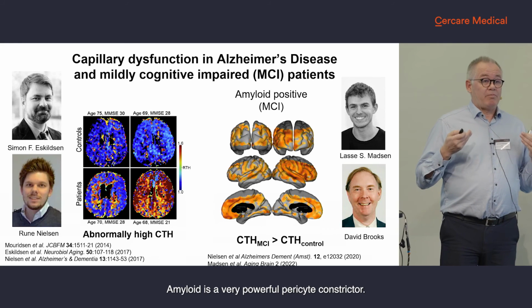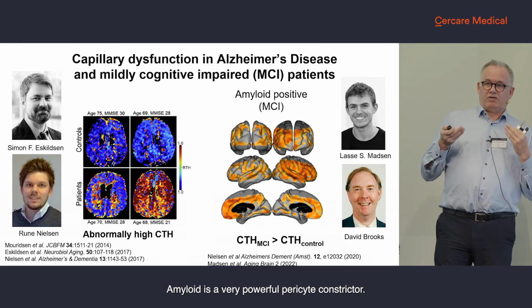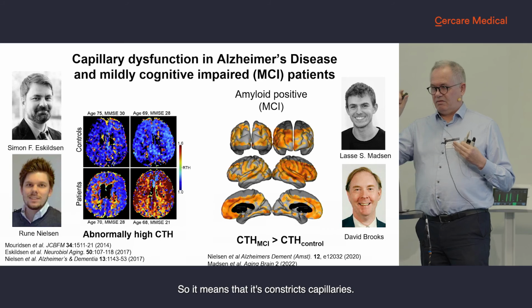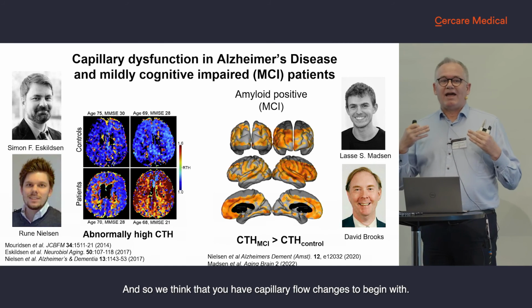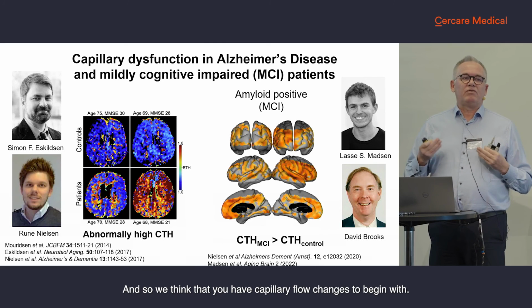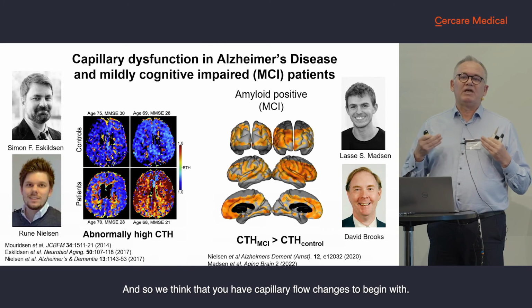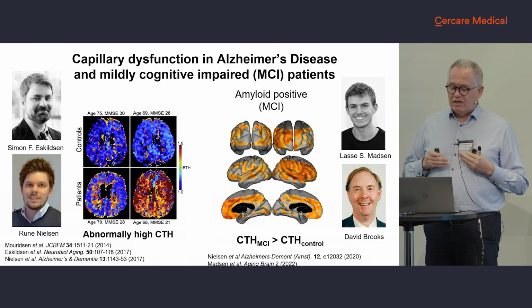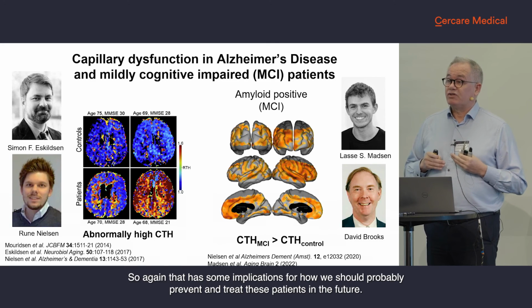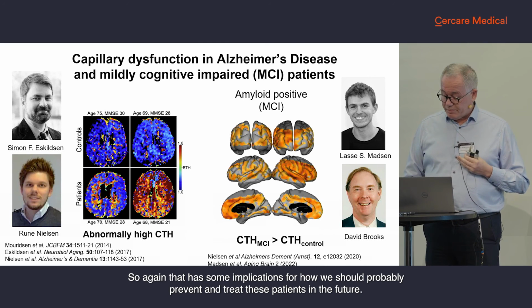Amyloid is a very powerful pericyte constrictor, so it constricts capillaries. And so we think that you have capillary flow changes to begin with, and when amyloid comes up, that accelerates a lot. So again, that has some implications for how we should probably prevent and treat these patients in the future.